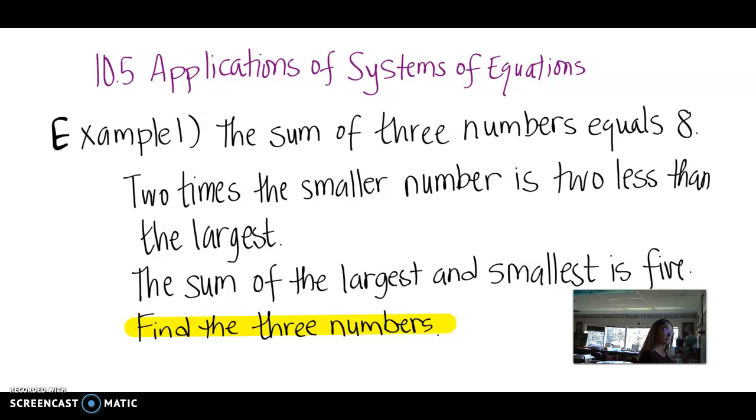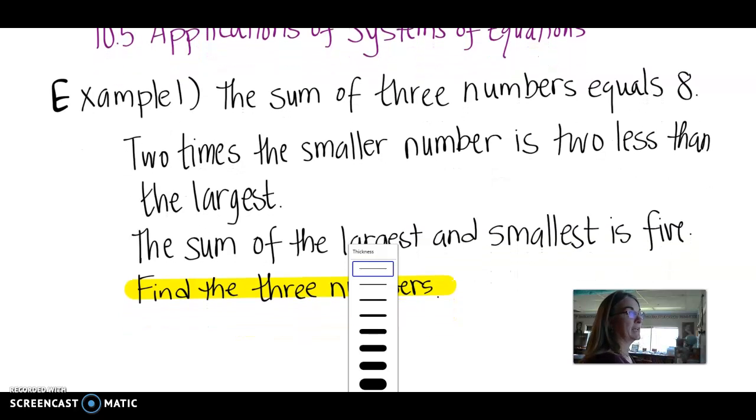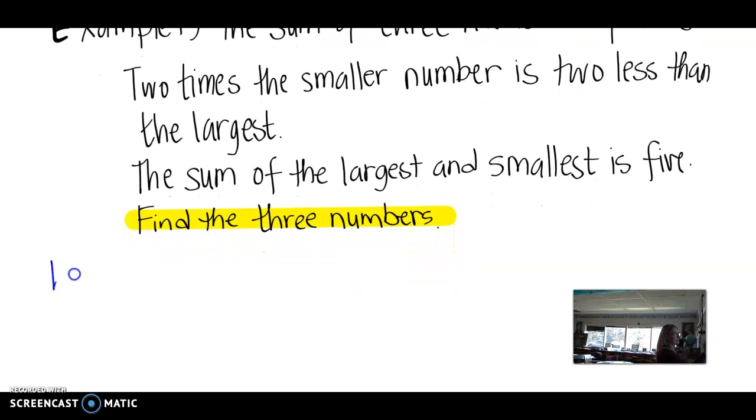What we want to do is create variables for these three numbers. Since there's three numbers, I'm going to use the variables x, y, and z to represent the three numbers. So I can say we're going to let x equal the smallest number. It doesn't have to be this.